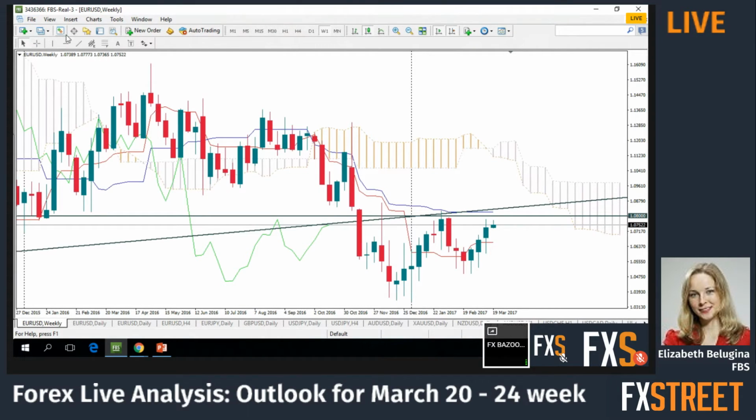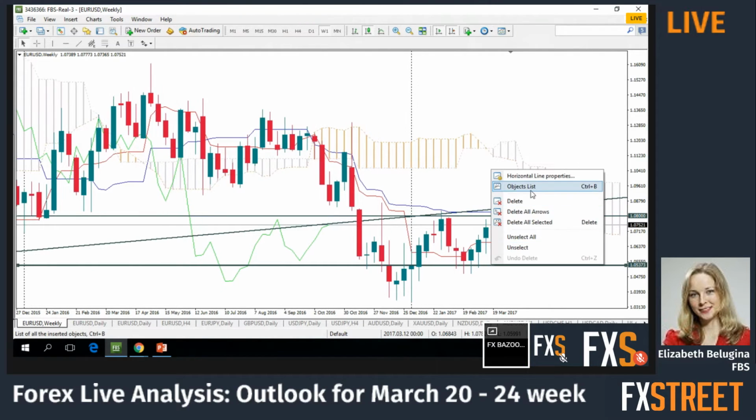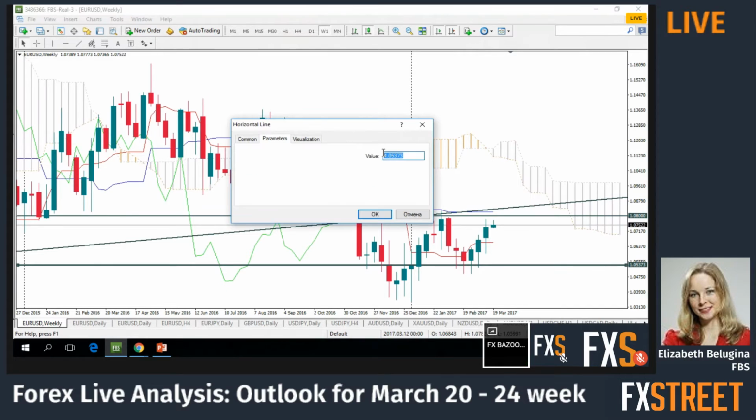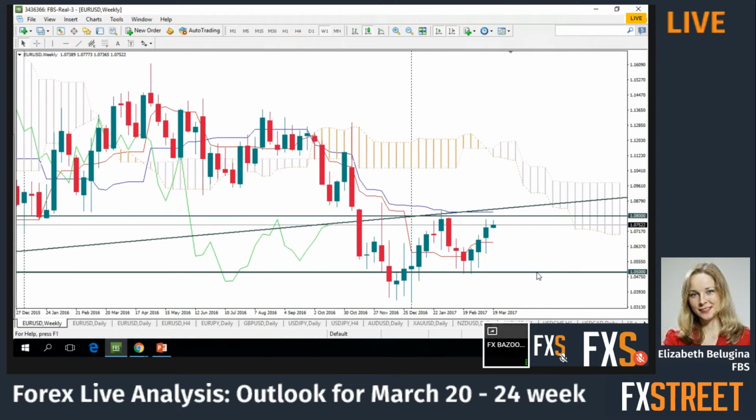We can see that the key level, which is located at 105, I remember that we had discussed this level before, and I mentioned that this level provides strong support. We can see that in the last week, euro dollar dipped to the downside, but it even didn't reach this 105 level.